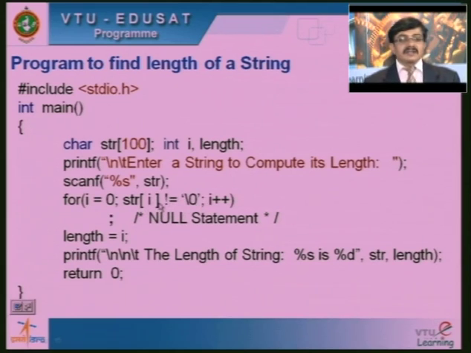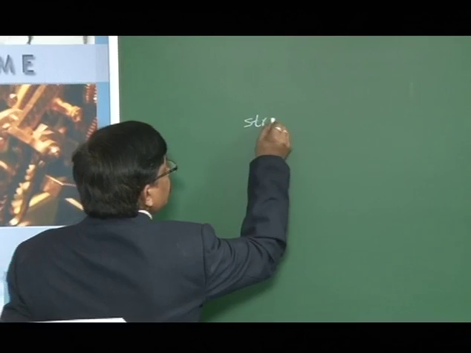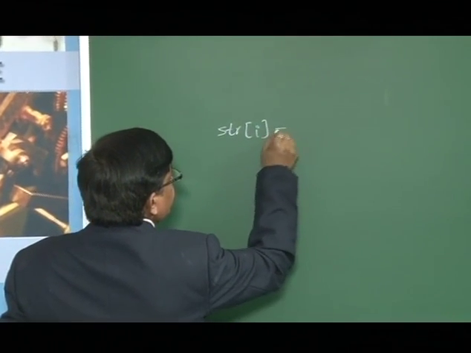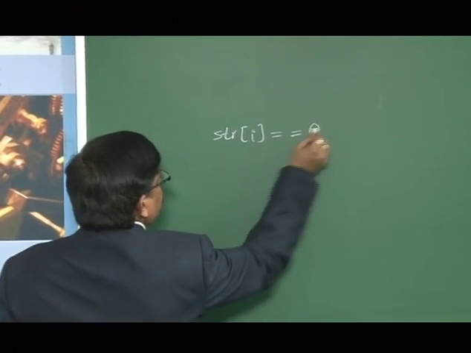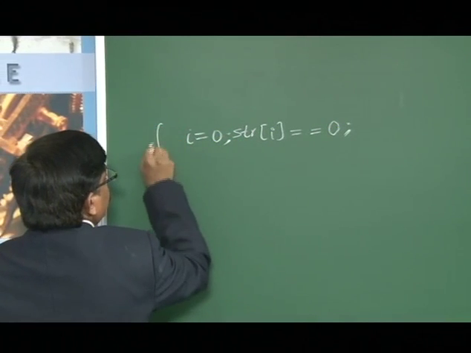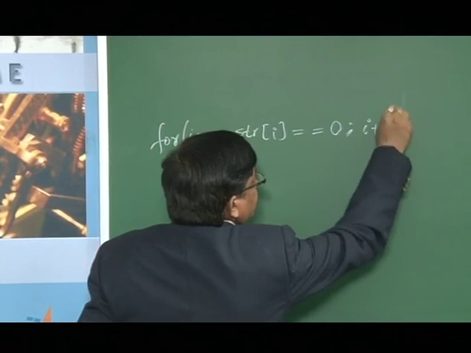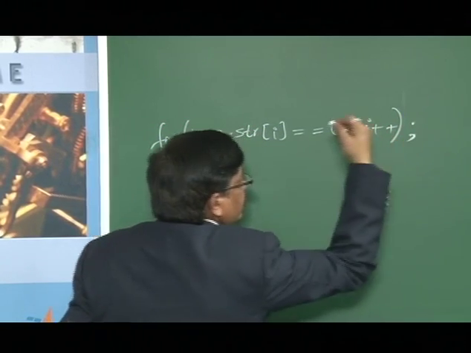Instead of this condition, I can also use the condition str of i, with i equal to 0 in the loop, and then i plus plus, and I can end this loop with a semicolon.